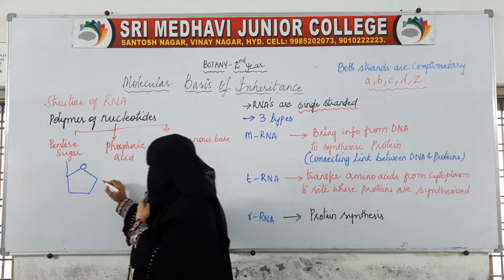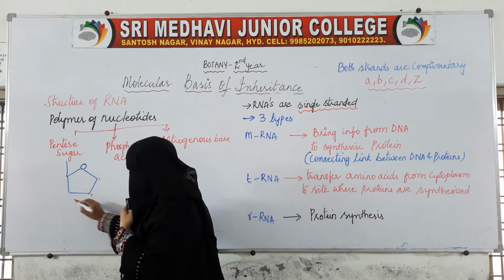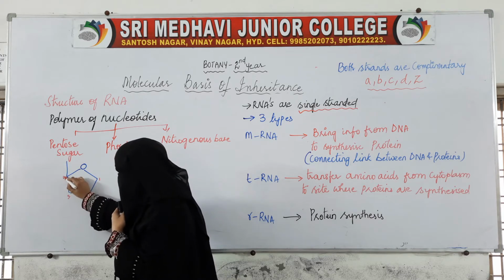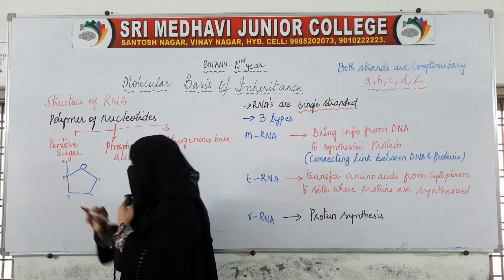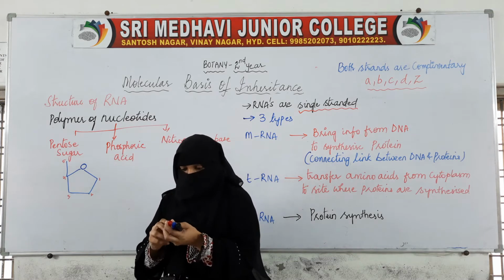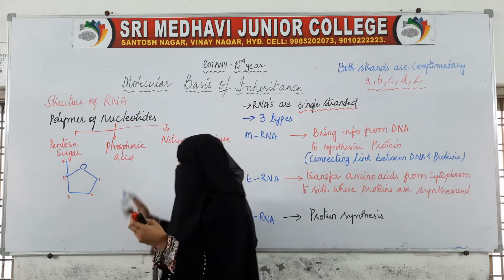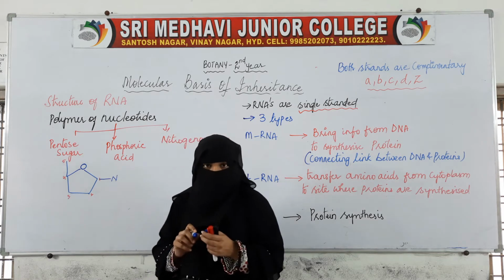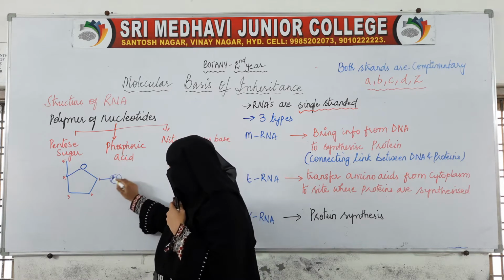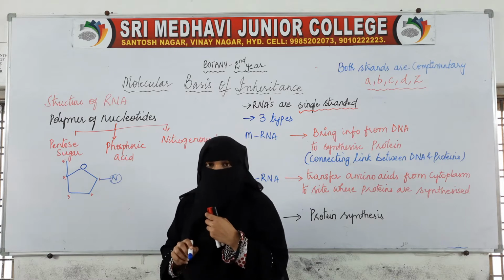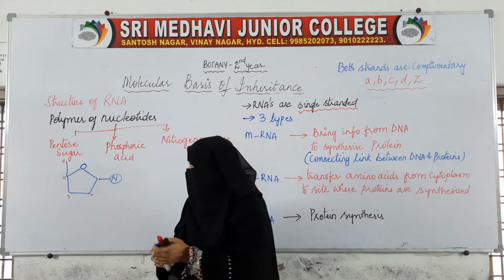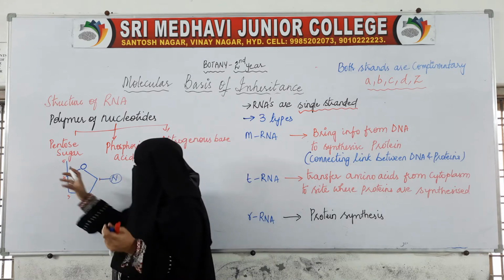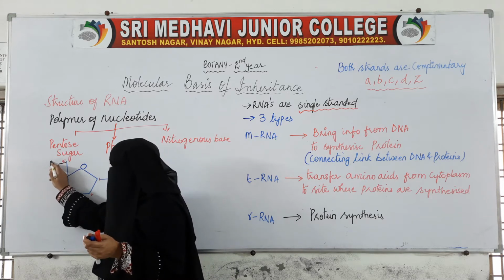If I number this, first, second, third, this fourth, and this is the fifth carbon. On the first carbon we have a nitrogenous base, and on this fifth carbon we have one phosphate attached.